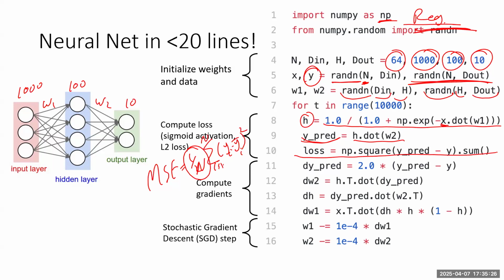Now, I want to adjust the value of W's here, W1 and W2. How can I do that? As we will see in a second, there is a technique we call the gradient descent technique.